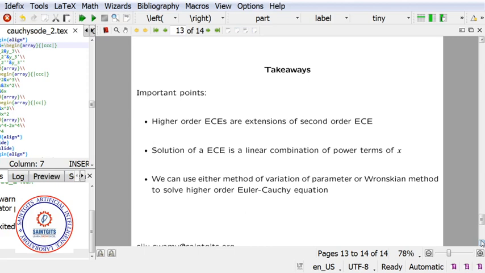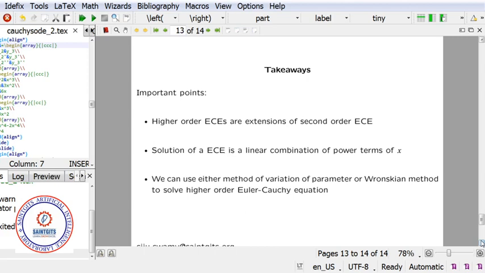Solution of an Euler Cauchy equation is a linear combination of power terms of x, but in the case of ordinary differential equation, it is a linear combination of exponential terms. We can use either method of variation of parameters or Wronskian method, they are same. Or sometimes there is only a single function on the right hand side, we can use method of undetermined coefficients also.